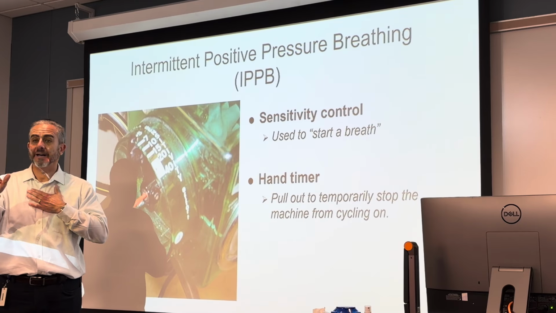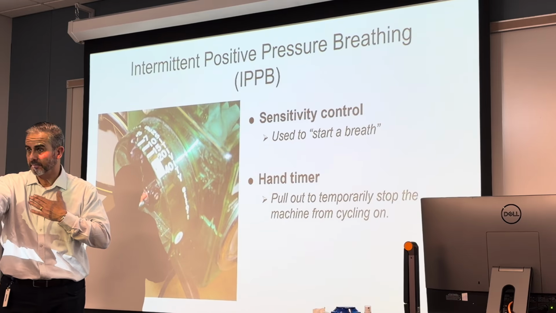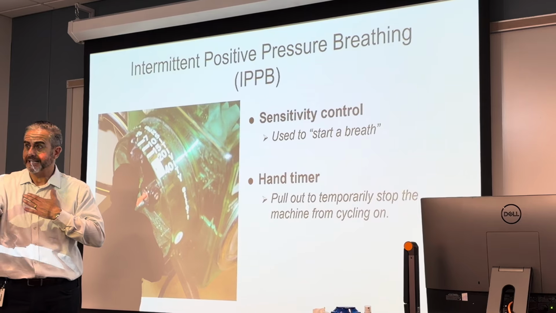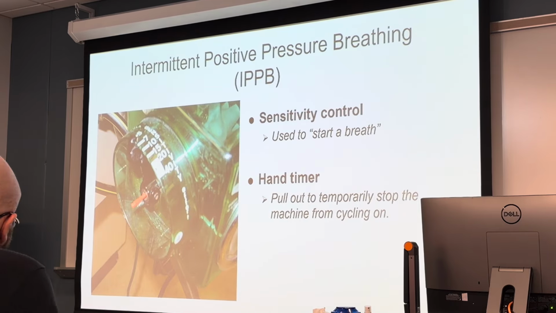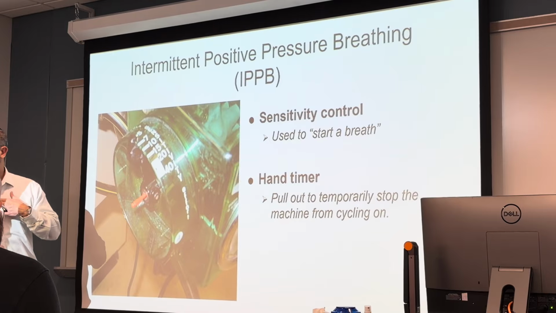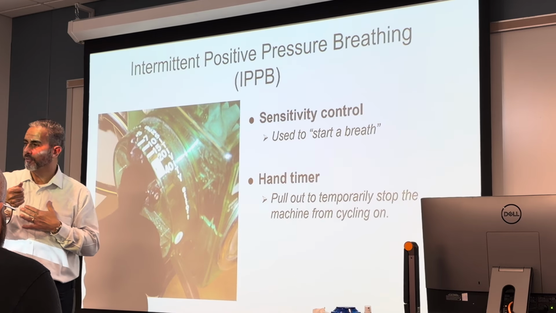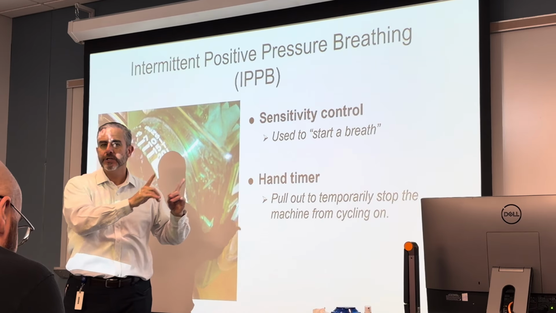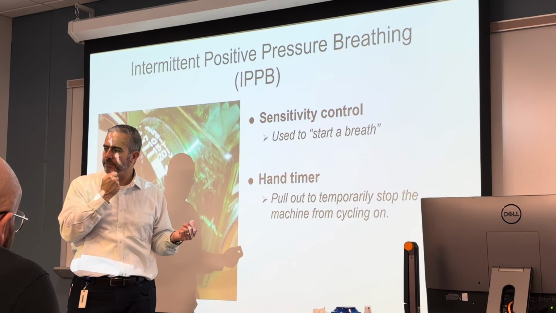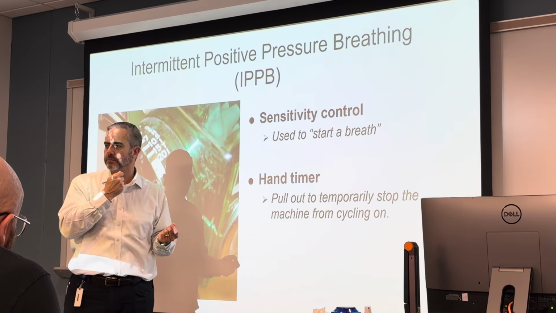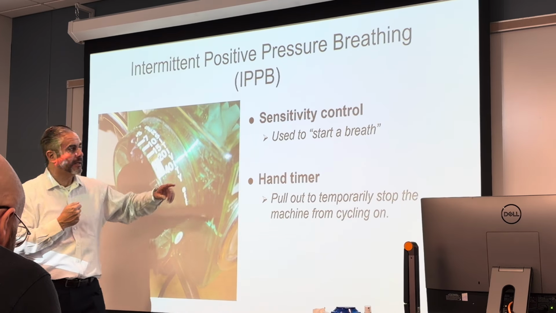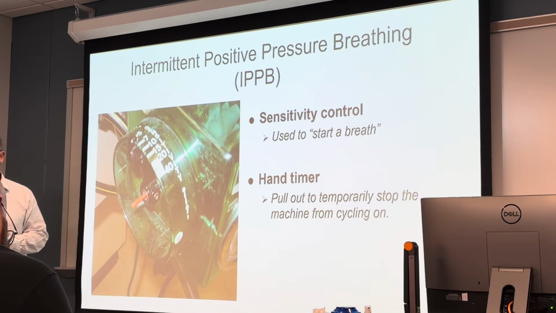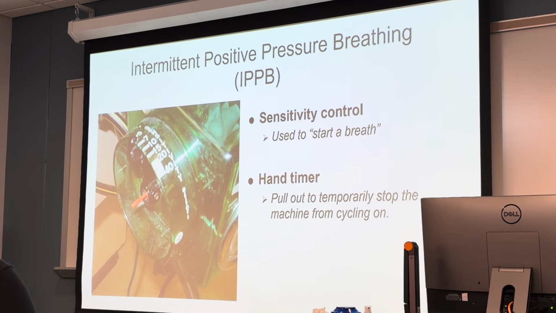For example, if I set it to -20, that means the patient would have to generate -20 centimeters of force to try to cycle this machine on. And I don't want to make it that difficult for the patient. -1 or -2 is just enough so this machine knows, oh, the patient must be trying to take a breath. Not much, okay? That's the sensitivity control, set somewhere between -1 and -2 centimeters of water.